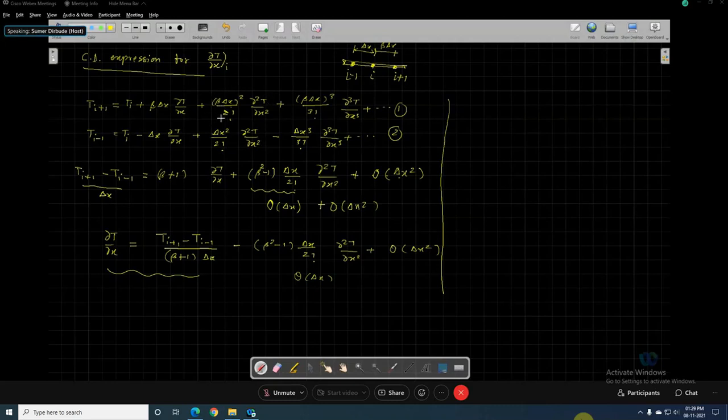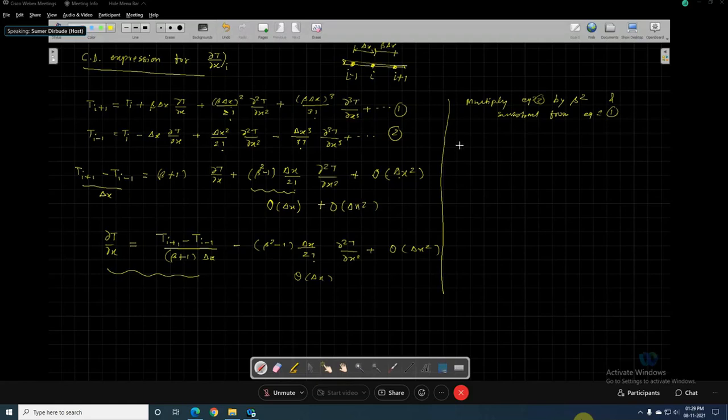How can we get rid of it? Suppose I multiply equation 2 by beta square, and subtract it from equation 1. Then we can get rid of this, isn't it?